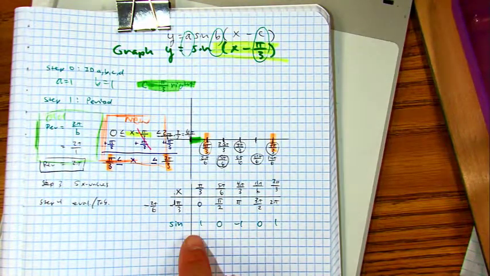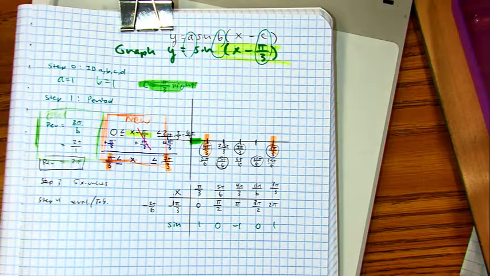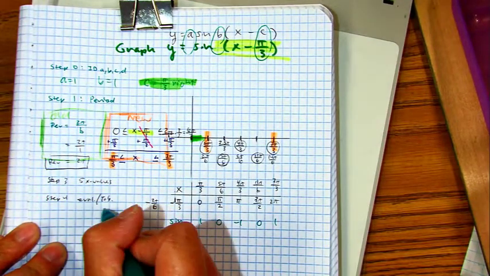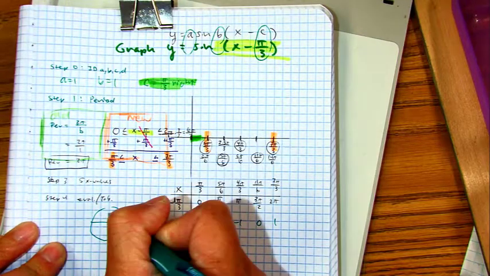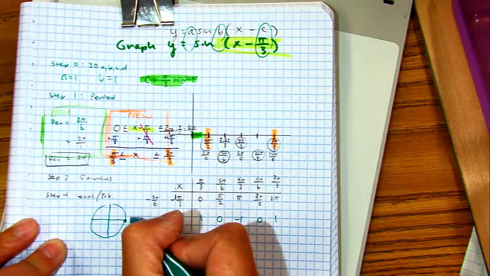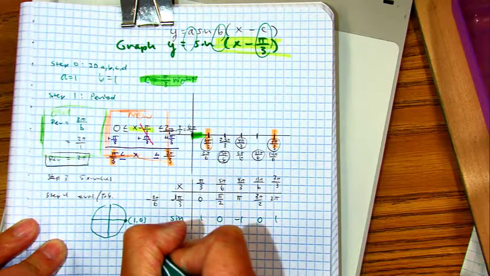For those who raised your hand, the numbers I wrote down represent what? Cosine. Not sine. If you forget, just draw yourself the quadrantal angles and label the ordered pair. Class, what's the ordered pair? 1, 0. X, Y, cosine, sine.